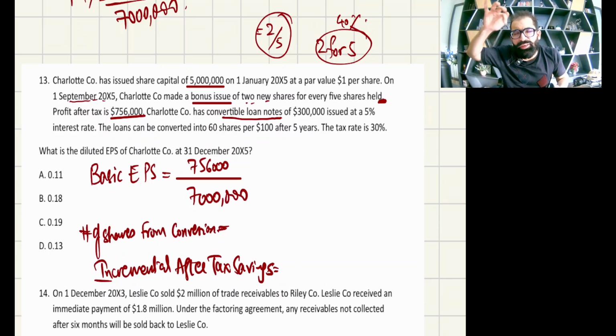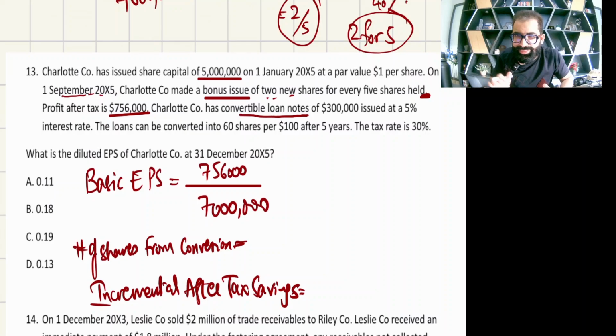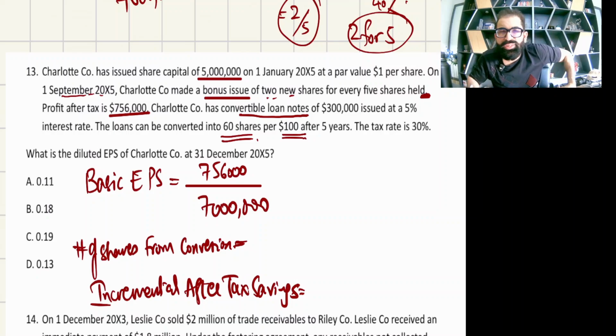What if they are converted on the first day of the accounting period? You will get new shares. So read the conversion terms. For each $100 loan note, 60 shares. So 60 divided by 100 means 60%. So the conversion terms are 60%.